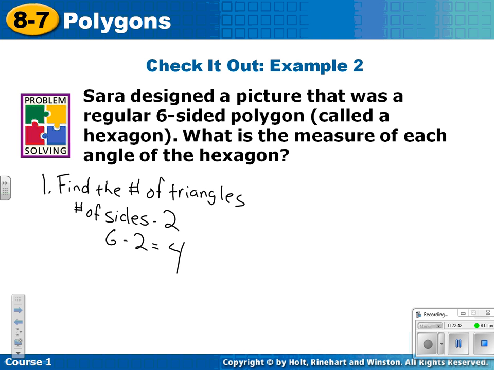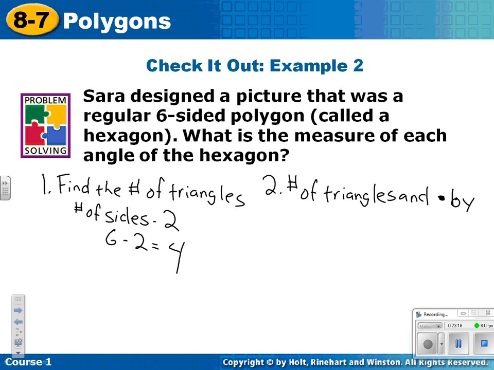Step number 2. Take the number of triangles and multiply by what? We're looking for the total number of degrees.